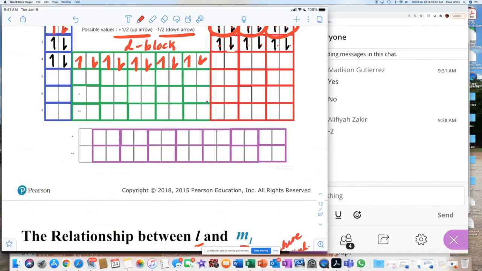The way I try to visualize the M sub L's in the D block is I just group the elements in 2s. I'm not going to draw on this first one because I have stuff in there. This is the first M sub L value, the negative 2. This is the next one, negative 1. This is the next one, 0. This is the next one, plus 1. And this is the last one, plus 2.